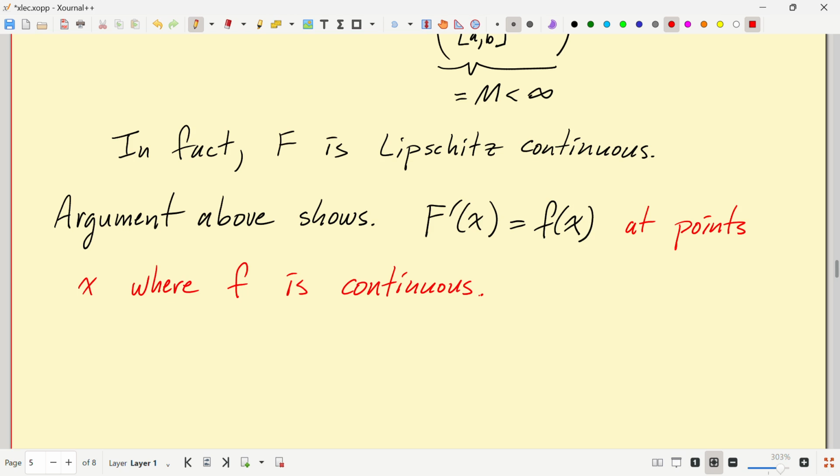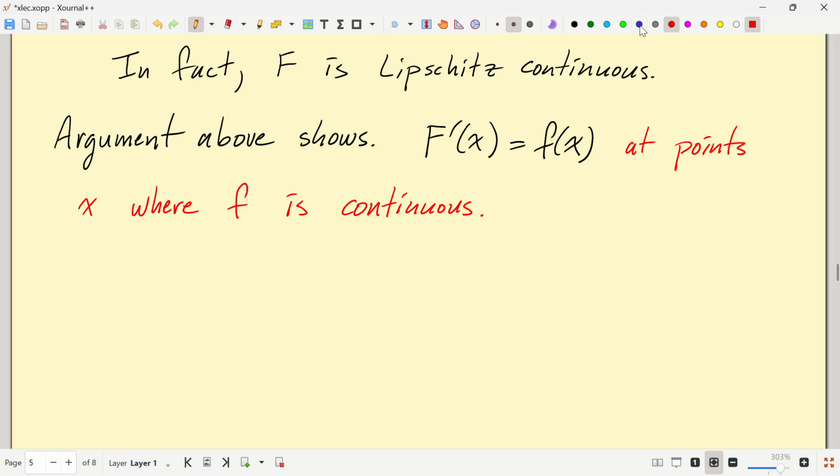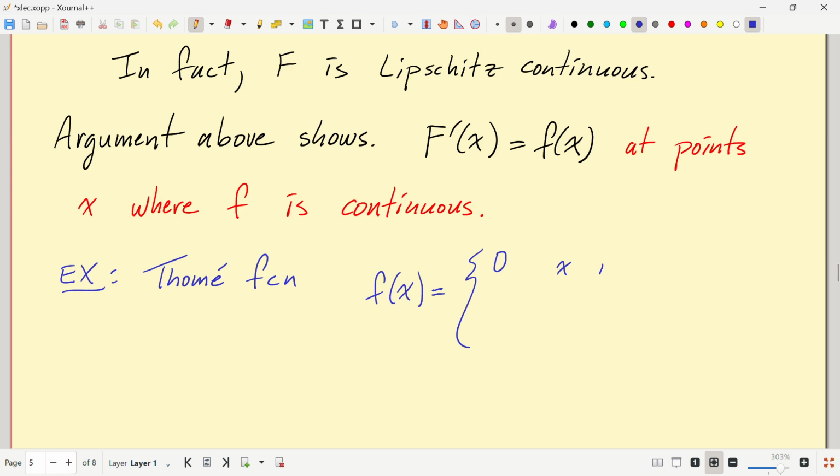And here's a fascinating example, the Thomae function. Remember what that is? f of x equals 0 if x is irrational, and it's equal to 1 over n if x equals m over n is rational.